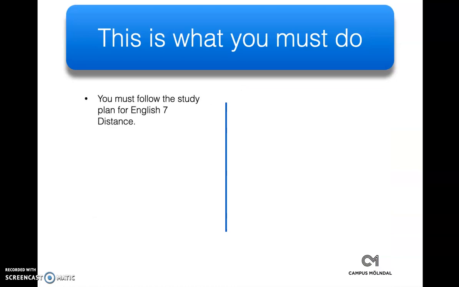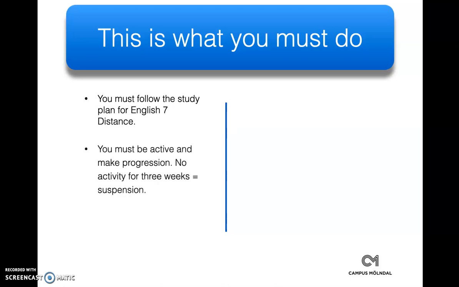Here are a few things that you must do. You must follow the study plan for English 7 Distance. And you must be active and make progression. If there is no activity for 3 weeks, you might be suspended from the course. You must take great responsibility for your studies.